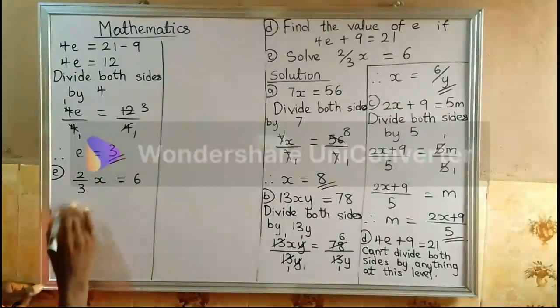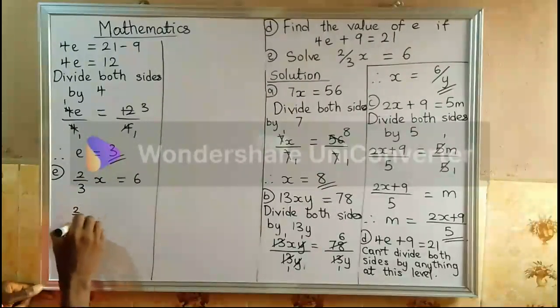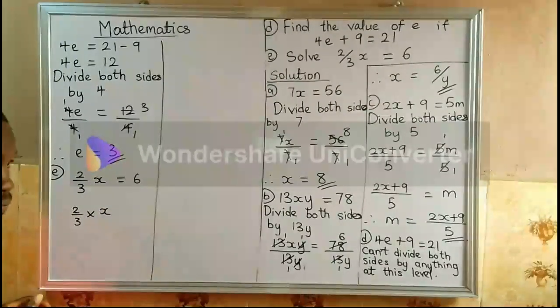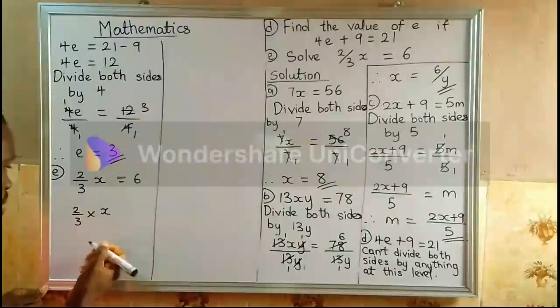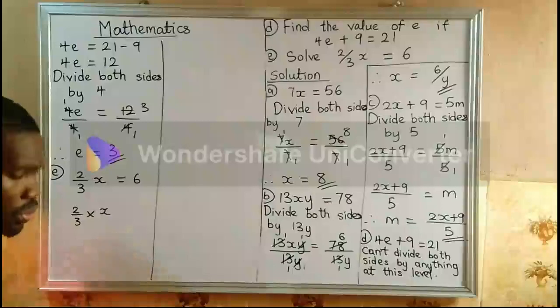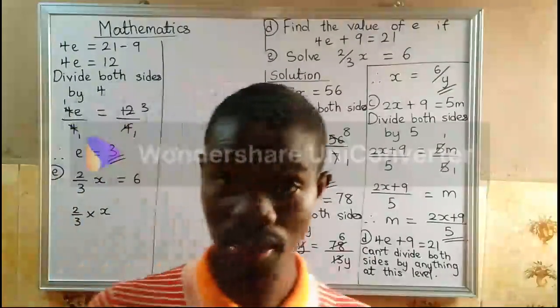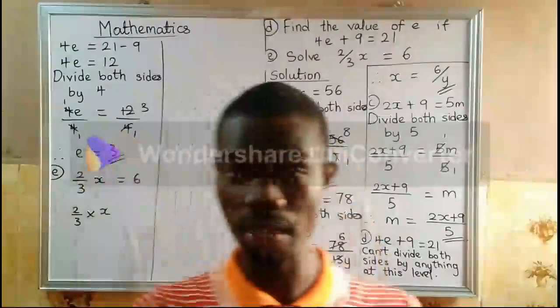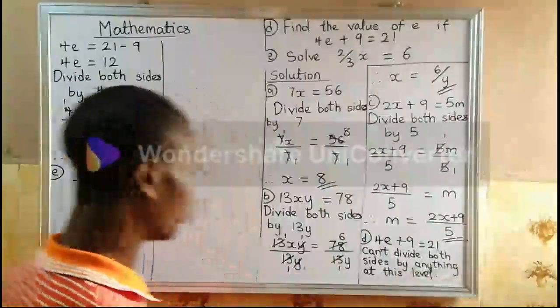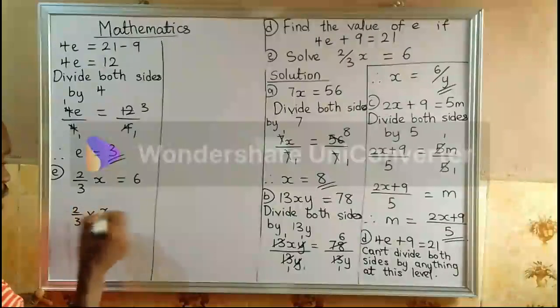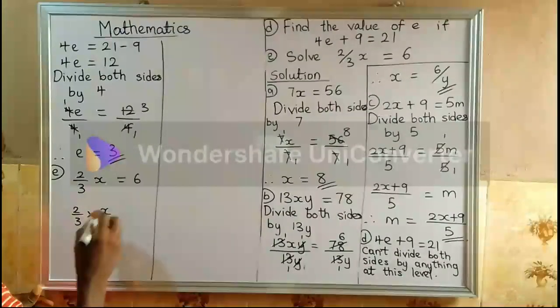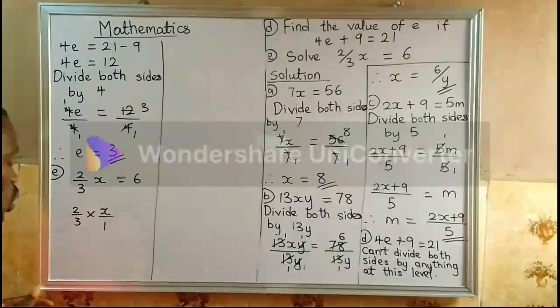When you have this, it means 2 all over 3 times x, right? When you have these in mathematics, I always tell students that whenever you are working with fractions and you have a whole number, the best thing to do is to make that whole number all over 1. So instead of just writing x here, you make it all over 1 because we are working with fractions.